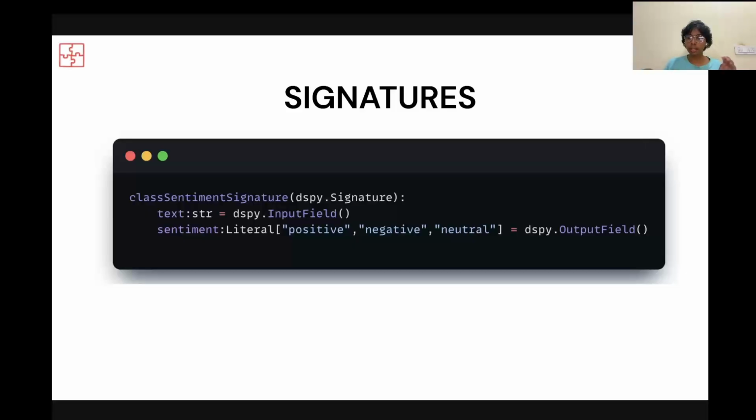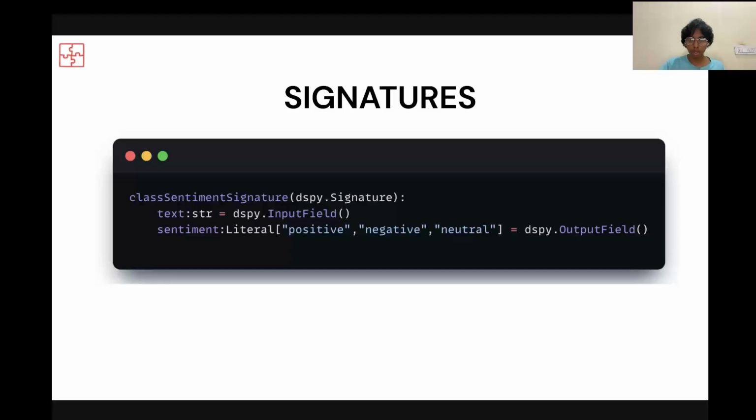Second, it gives DSPy something very important, a parsing rule. DSPy now knows exactly what type of output should be given and how it is validated. So there's no need for any manual parsing of text anymore. Third, it completely decouples logic from wording.